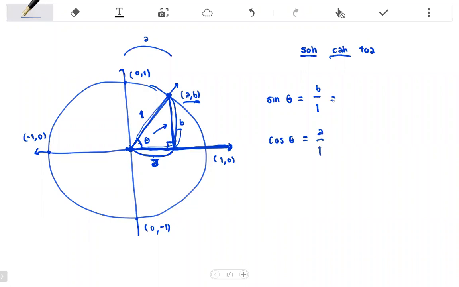So sine of theta is basically B, cos of theta is A. So we see that sine of something in a unit circle refers to the y coordinate of the point B, whereas cos of something, which we got as A, refers to the x coordinate of the point. So that's something you have to memorize, and it's a very useful tool.